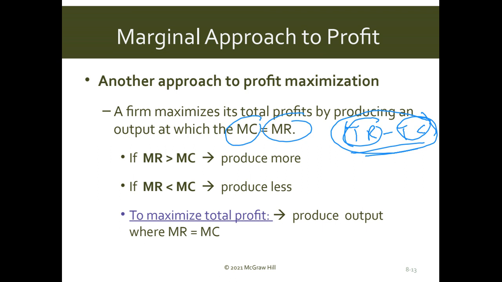If they are not equal, what would happen? If marginal revenue is greater than marginal cost, what does this mean? What is marginal cost? When you produce one more unit of output, what is your additional cost?